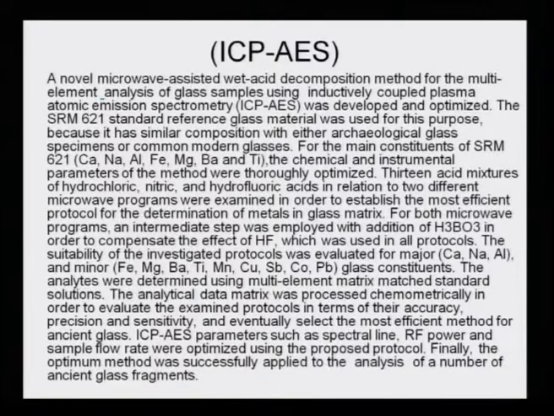ICP-AES parameters such as spectral line, RF power and sample flow rate were optimized using the protocols which were used in the process. So, these are the three things which were manipulated. The spectral lines, that means which line to choose.